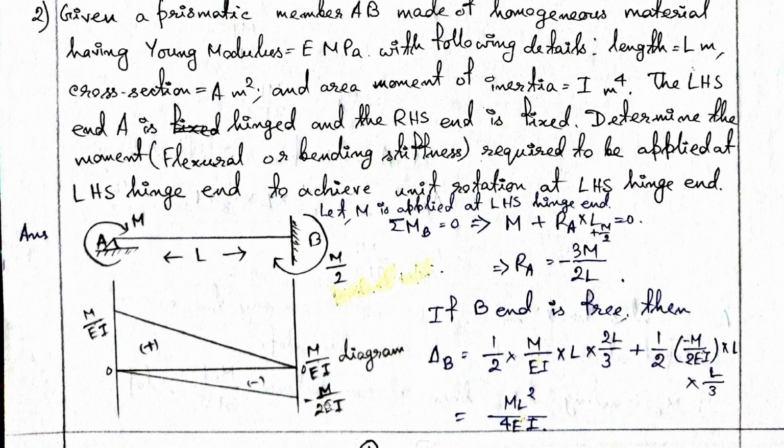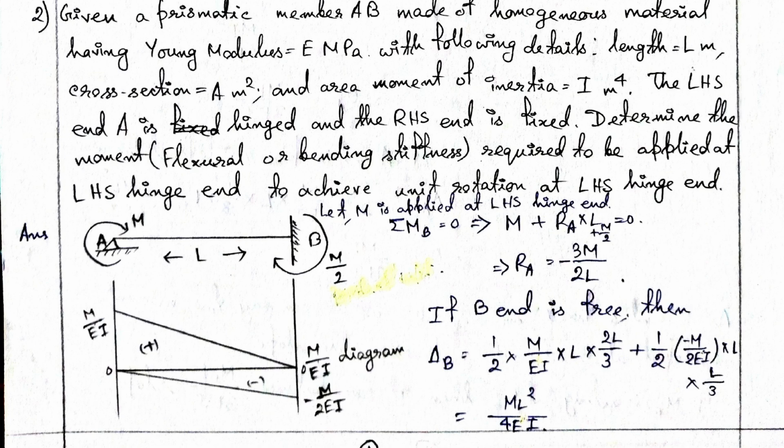Here M by 2 and M by EI means M by 2 EI. The diagram is M by EI. M means the bending moment and EI, E is the Young modulus and I is the moment of inertia.